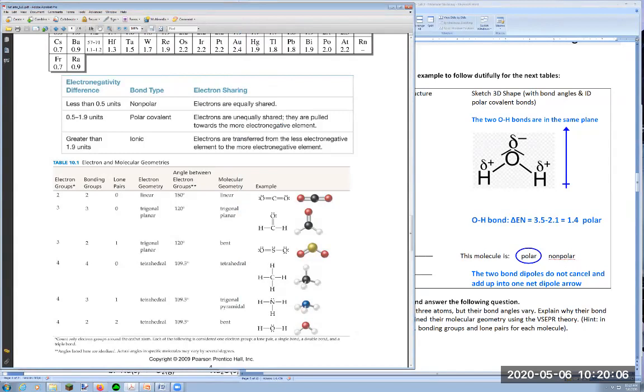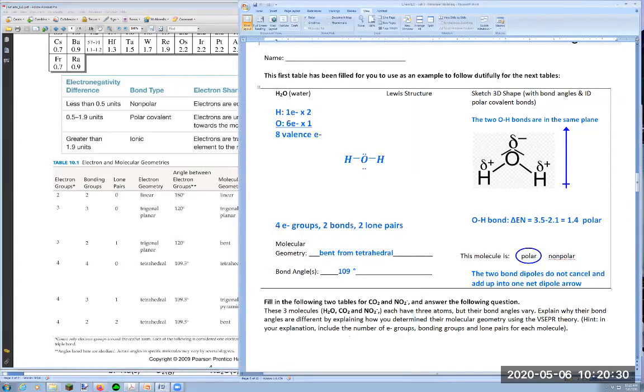The electron geometry is tetrahedral, but what you see is it's a bent molecule, because the 2 lone pairs are not visible, and what you see are the 2 bonds with the hydrogens, and they are closer to each other because the lone pairs are pushing away the bonds, and so that's why it's bent with a 109 degree angle. So bent from tetrahedral, that's what you would want to write in the molecular geometry.